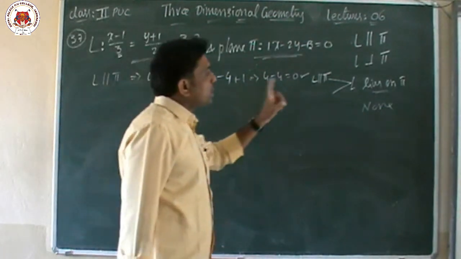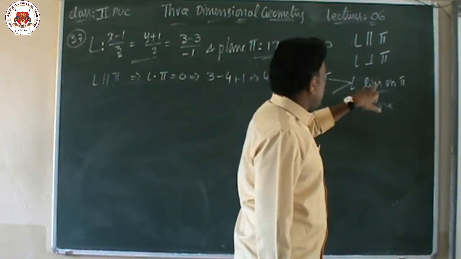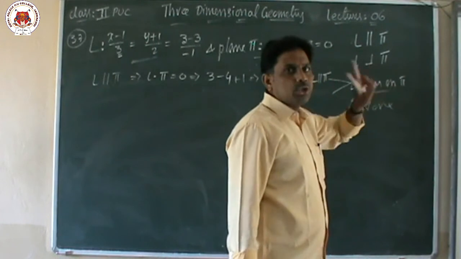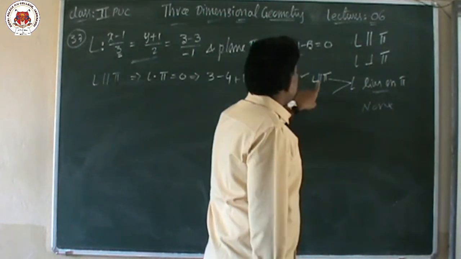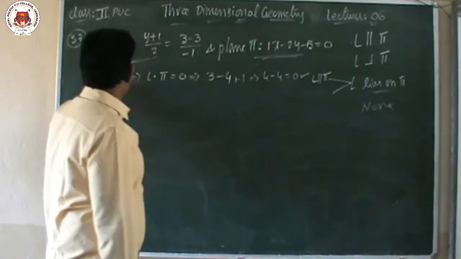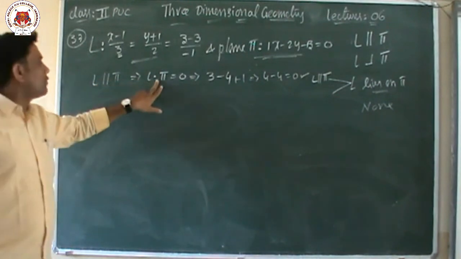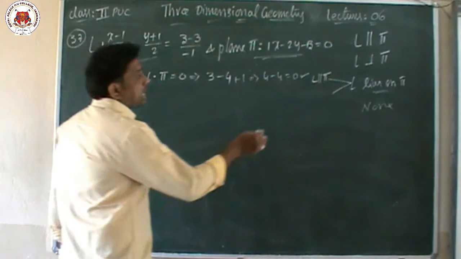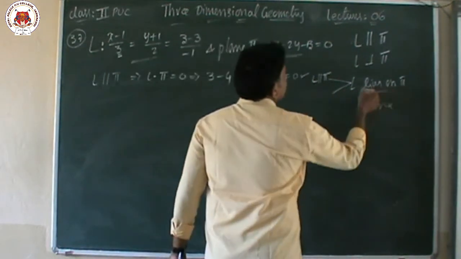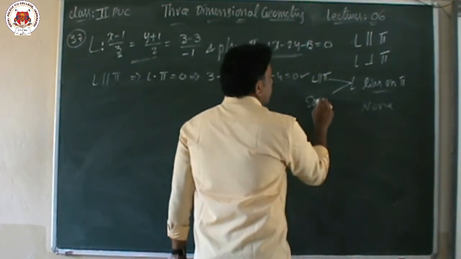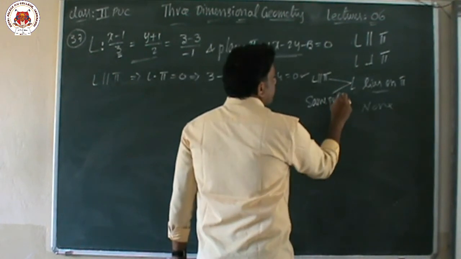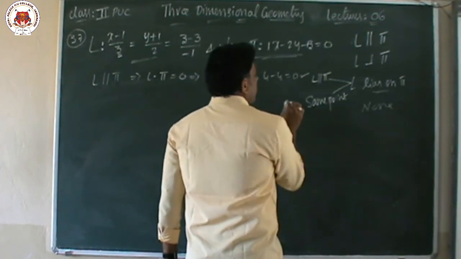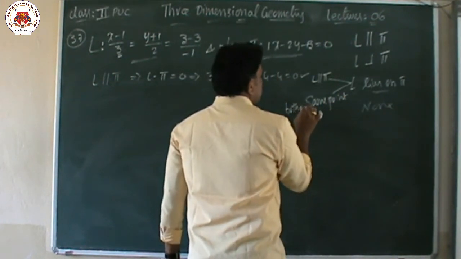One more time I am telling, very important. If a line lies on a plane, it should satisfy two conditions. One is that the line is parallel to the plane, so the dot product must be equal to 0, satisfied. The second is that the line and plane are both passing through the same point.